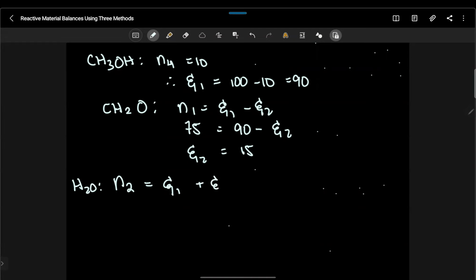So, kinopya ko lang yung equation niya dun sa taas. O, di makukompute na natin yan. Extent 1 is 90 plus extent 2 is 15. So, therefore, N2 will become 105 moles of water.